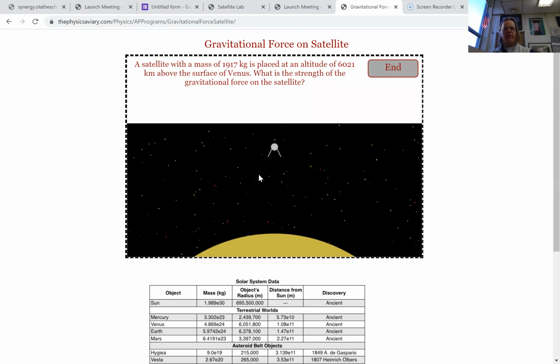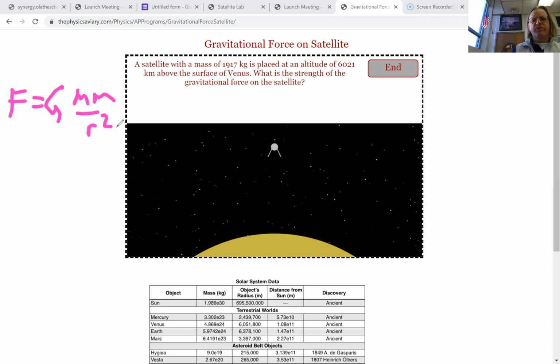Okay, so to find out what kind of force is acting between the satellite and Venus, I guess we're going to go in pink here. Remember, we're going to use F equals big G, mass times mass divided by the radius squared.